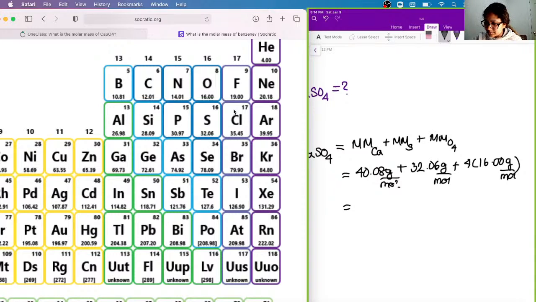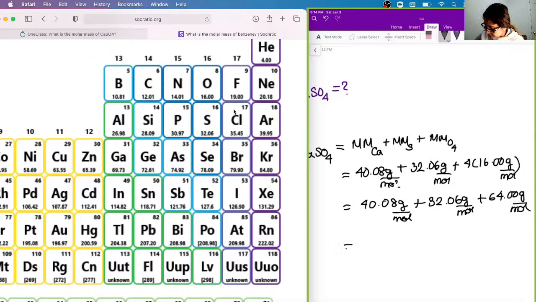The last step is to add them all up. We get 40.08 grams per mole plus 32.06 grams per mole plus 4 times 16.00.